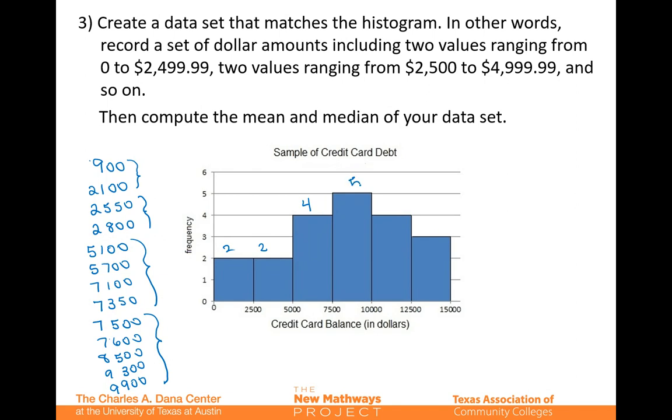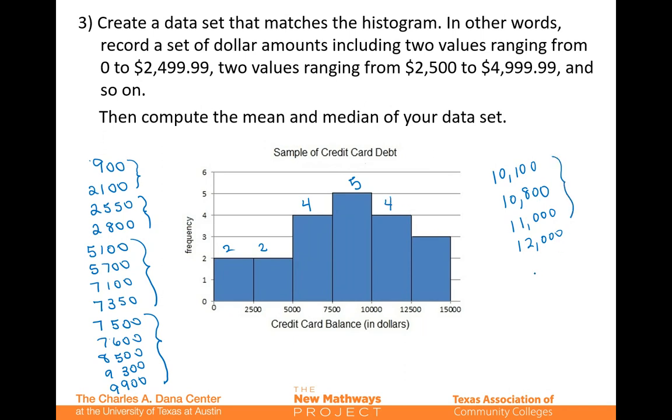We still don't have enough. We have to keep going. We want 4 values over 10,000. 10,100, 10,800, 11,000, and 12,000. There's 4 values for that.